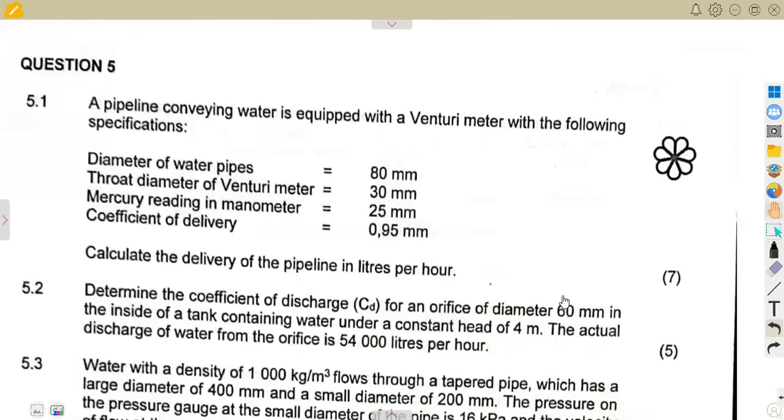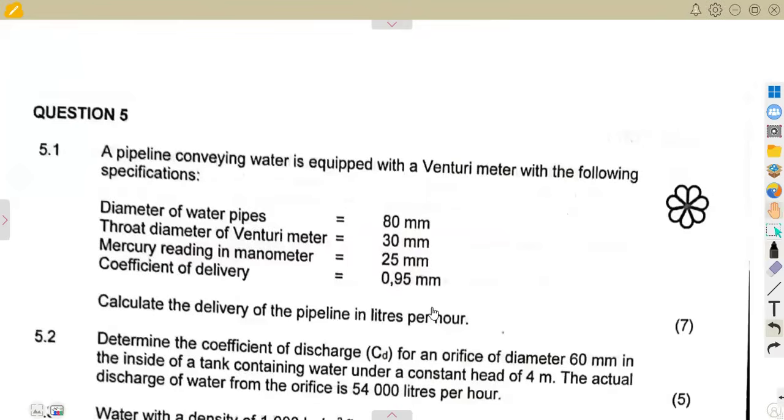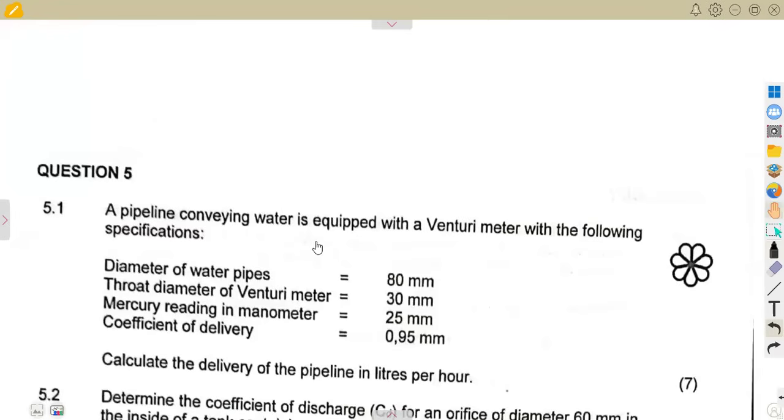Number 5, which is on hydraulics. So the first part, we were given that a pipe conveying water is equipped with a Venturi meter with the following specifications. All right. So we are dealing with a condition where a Venturi meter is considered.